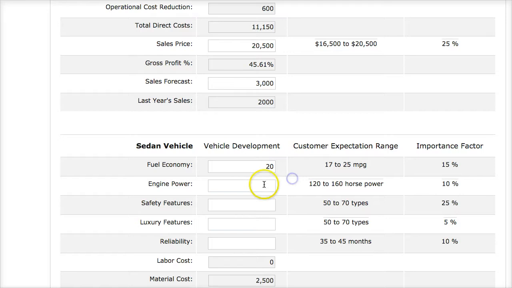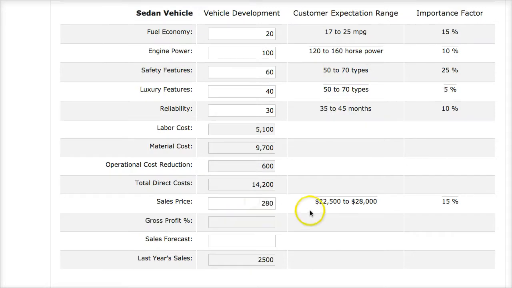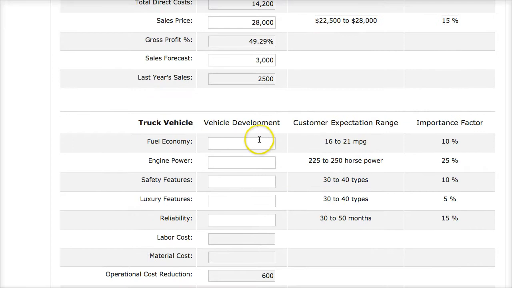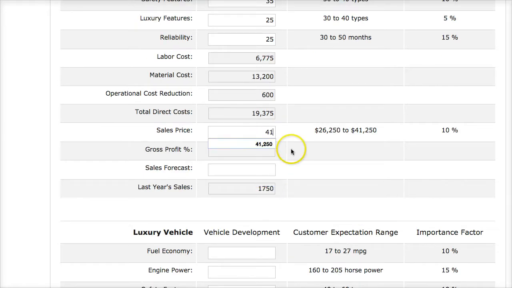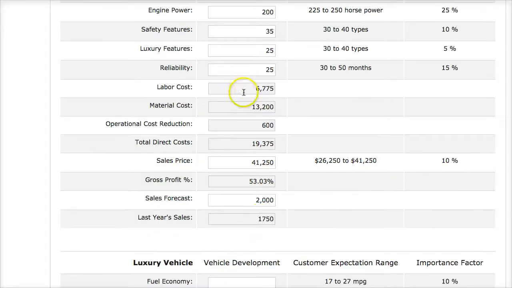So don't copy these numbers I'm putting in here. I'm just slamming some numbers in to get this done. So don't copy me per se, but I'm going to try and build this out. I'm just quickly throwing some numbers in here, but the idea is that I should have a higher profit margin.